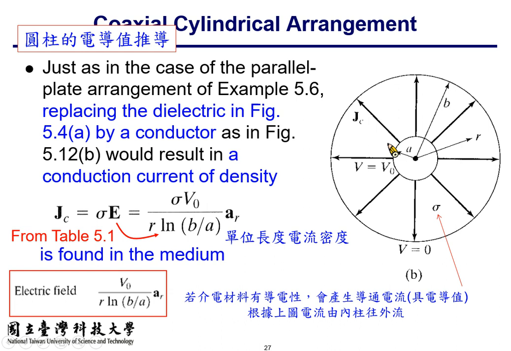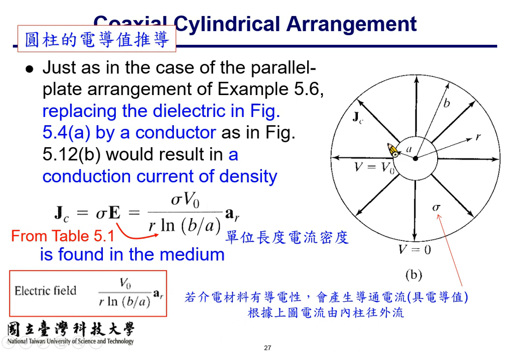And similar to the derivation of the capacitance, the current density is derived with the multiplication of conductivity sigma with electrical field intensity, which has been derived in the previous slide. So it's sigma times V sub 0 divided by R times the log of B over A.